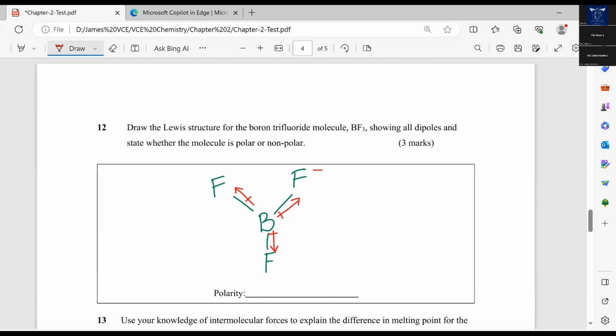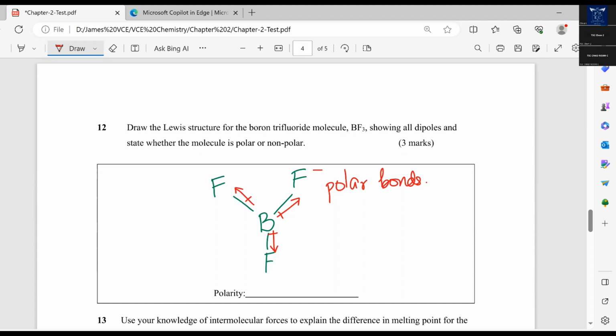Well, you have a polarity. We have polar bonds? These are polar bonds. But can it form a polar molecule? No, this is not polar because they cancel each other.